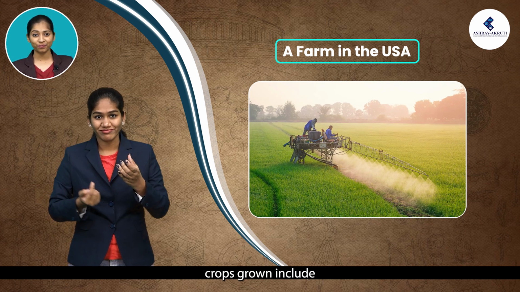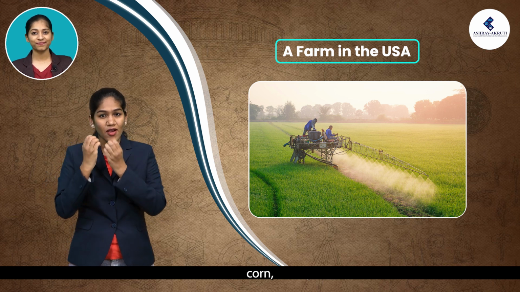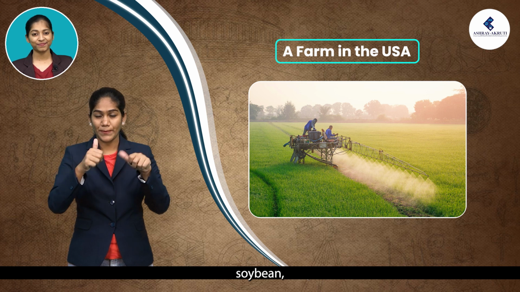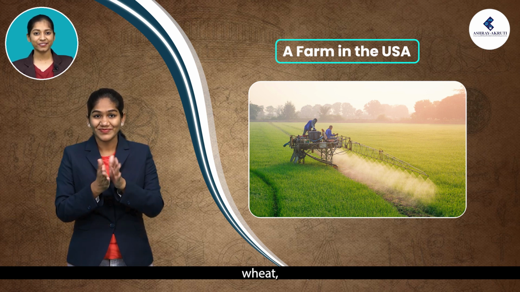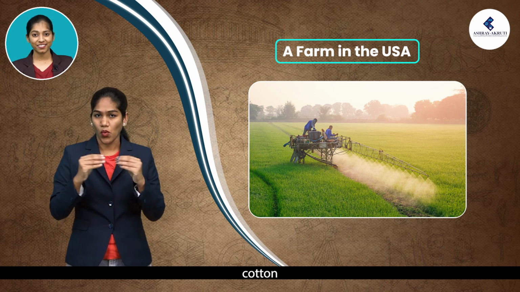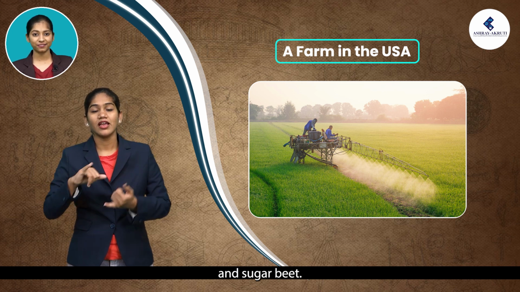Major crops grown include corn, soybean, wheat, cotton and sugar beet.